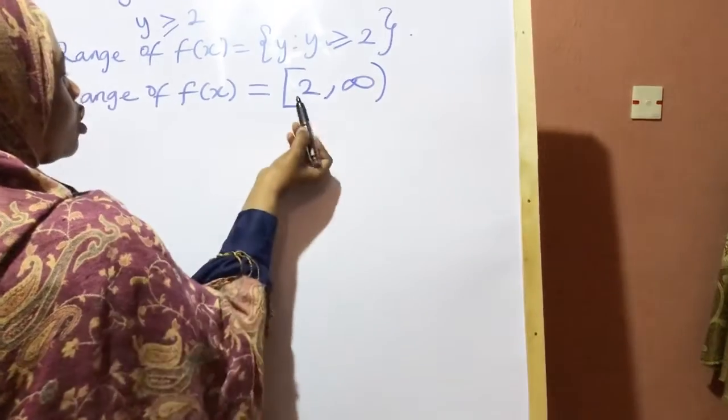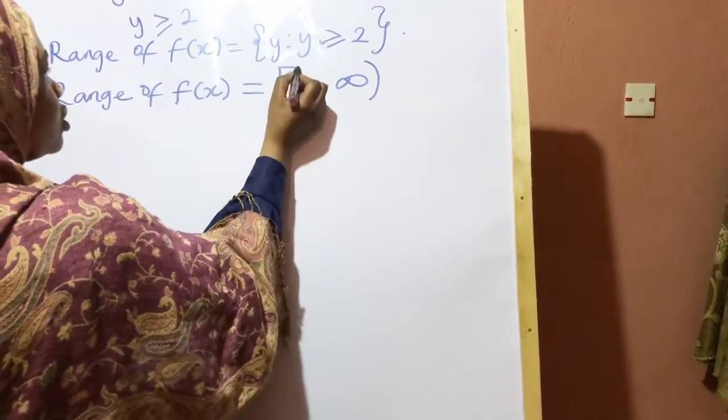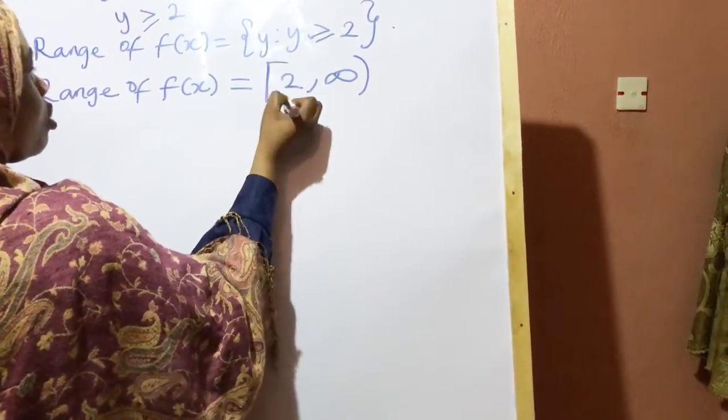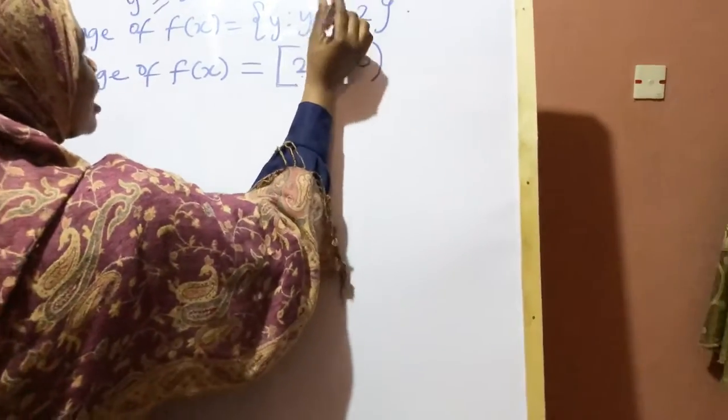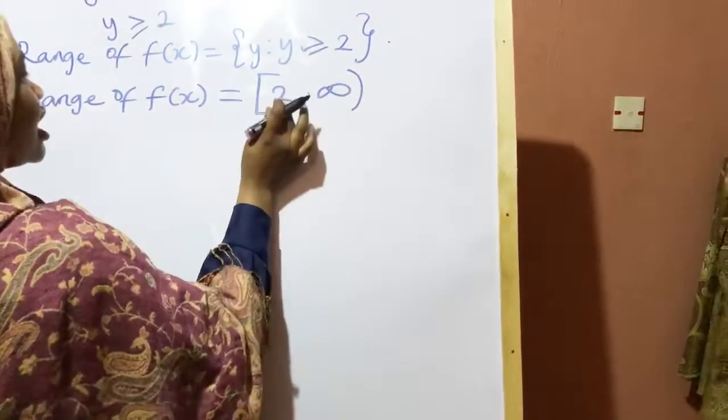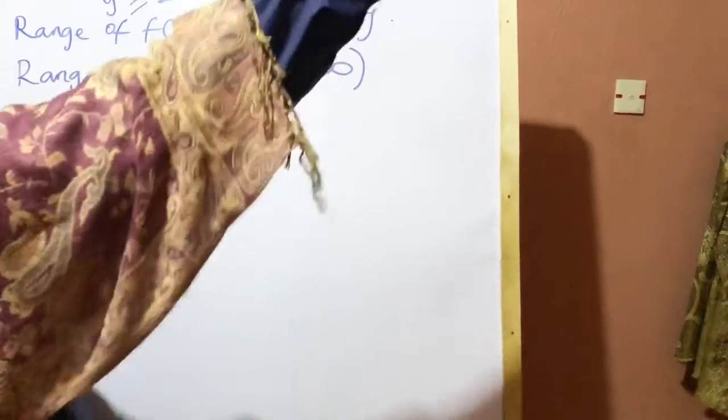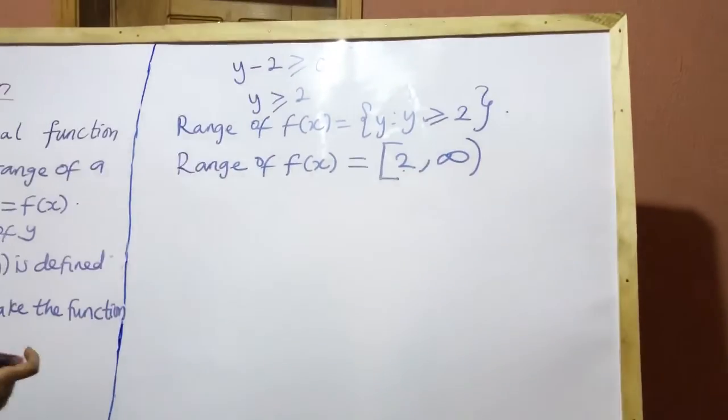That is, it cannot go beyond this boundary. Starting from 2 upward, because we put greater than or equal to. So that is how to find the range.